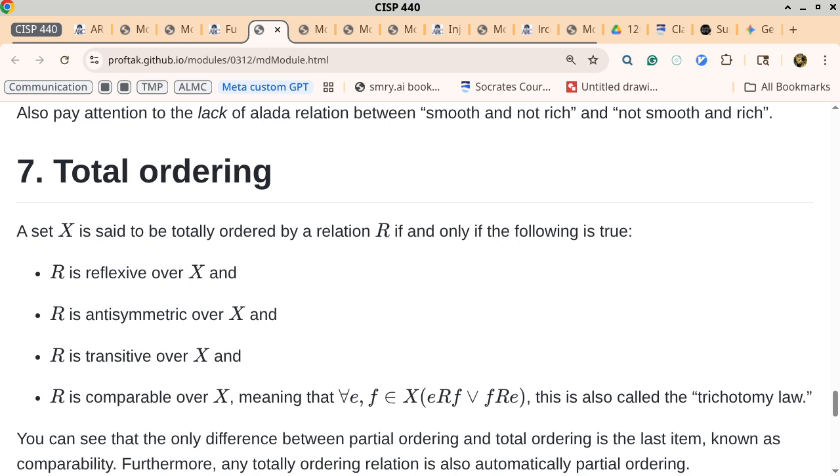That means e and f have to relate one way or another. This is missing in this particular table, because not rich but smooth versus rich but not smooth are not related in any particular way. It is entirely missing. Is that making any sense?